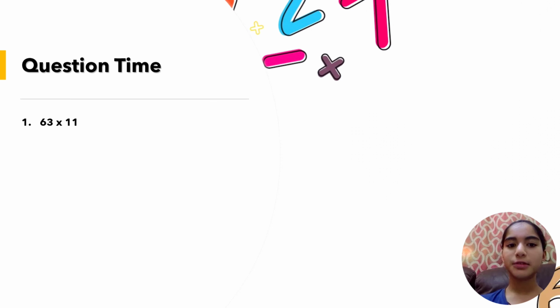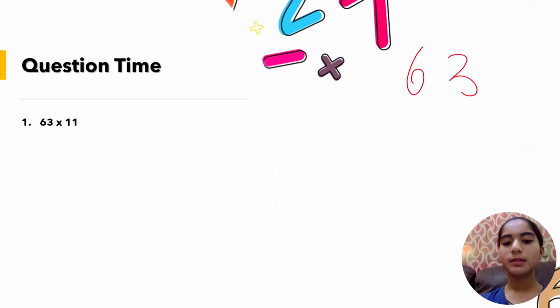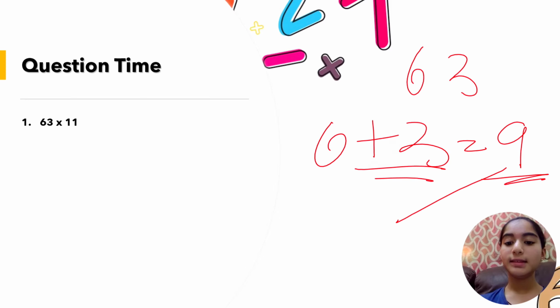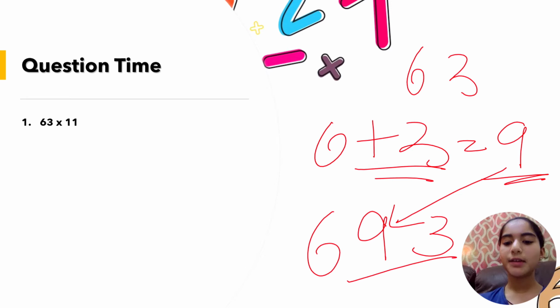Now the next question. 63 times 11. So first, let's start. The first step is to add the digits, so 6 plus 3 is equal to 9. Now we place this 9 in between 6 and 3. 693 will be the answer.